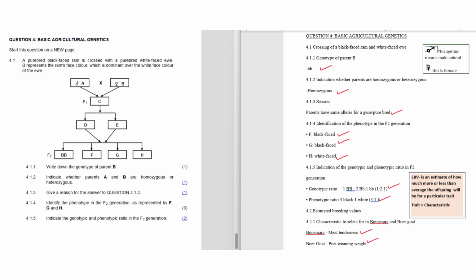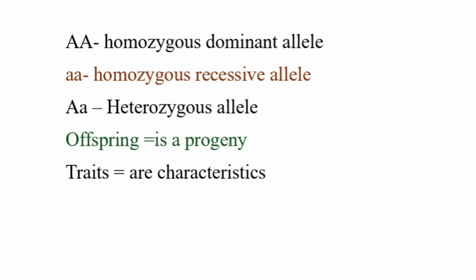Indicate whether parent A and parent B are homozygous or heterozygous. As we have said, the terminology purebred means an animal with homozygous alleles, or identical alleles. Homozygous is the one that is applicable here because you don't have a heterozygous.